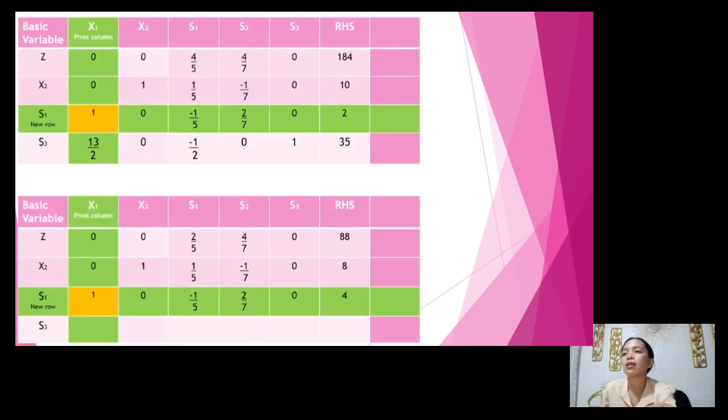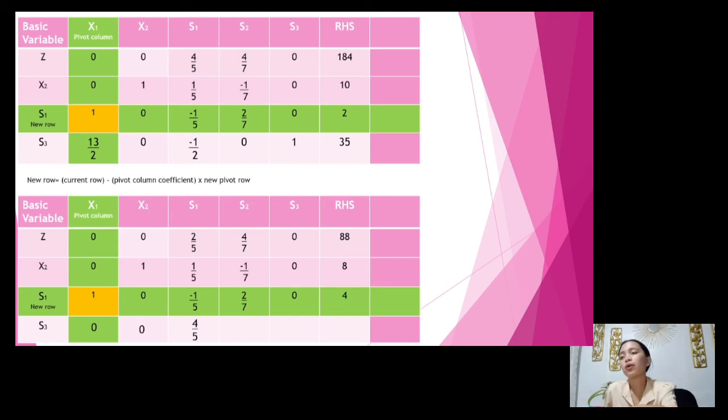Next is 0. So 13 over 2 minus 13 over 2 times 1 will be 0. Then 0 minus 13 over 2 times 0 is 0 also. So negative 1 over 2 minus 13 over 2 times negative 1 over 5 is 4 over 5.